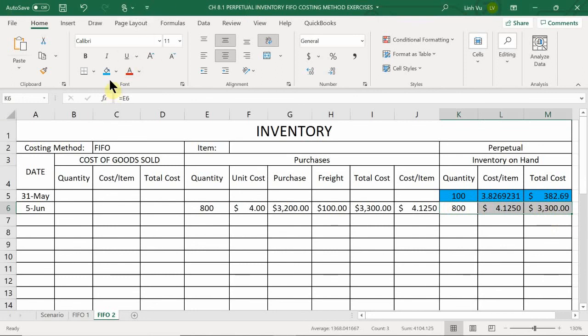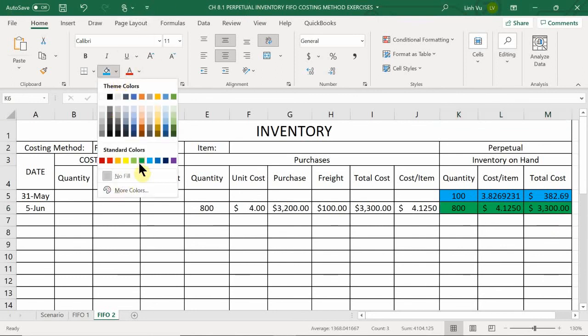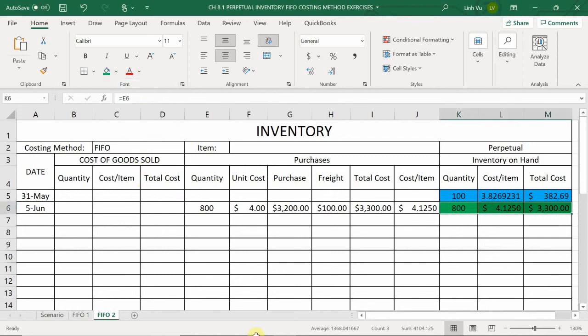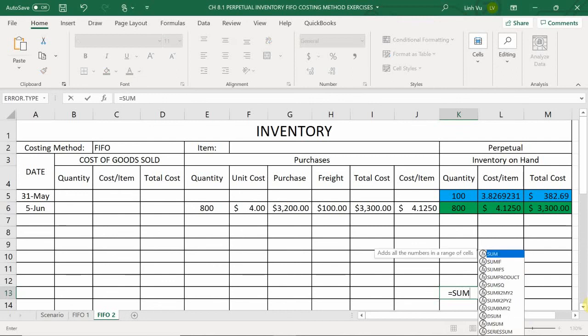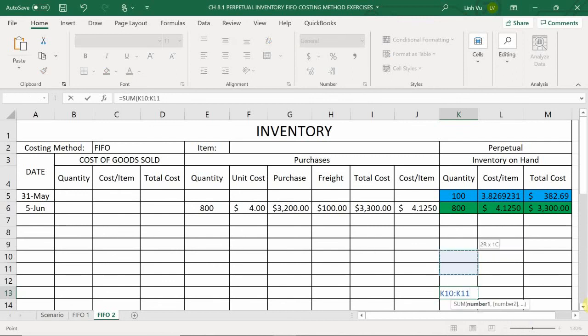We'll make this a nice green. So now we have two batches of inventory. And of course, you can also make your little sum table so you know what your total cost of goods available are.